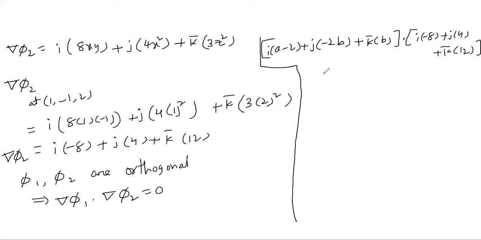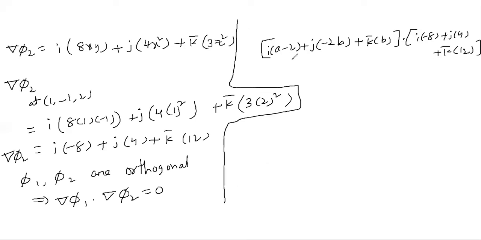Okay, so now it's a dot product. Here multiply the i components, a minus 2 into minus 8. Next the j components, minus 2b into 4. Next the k component, b into 12, equal to 0.